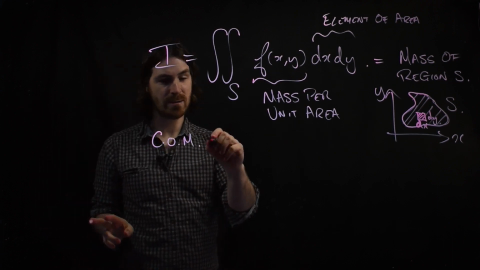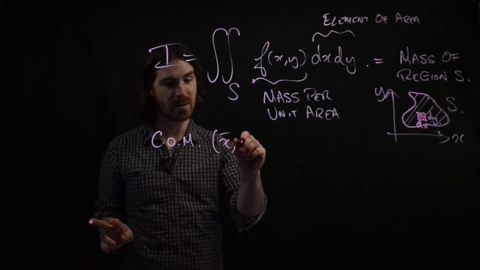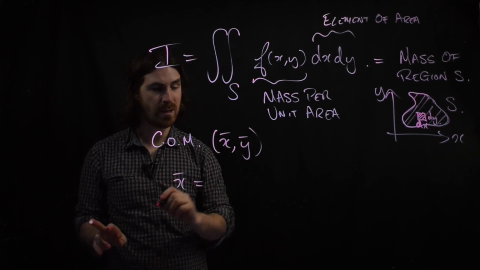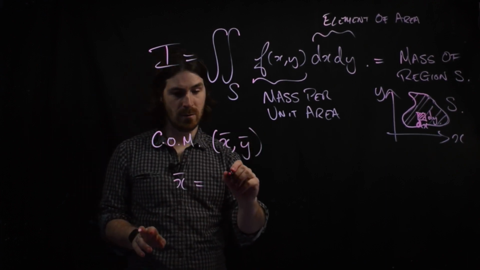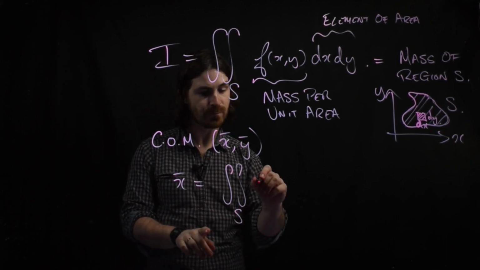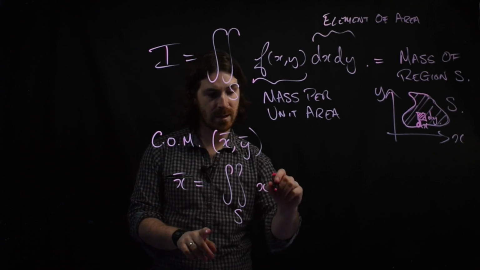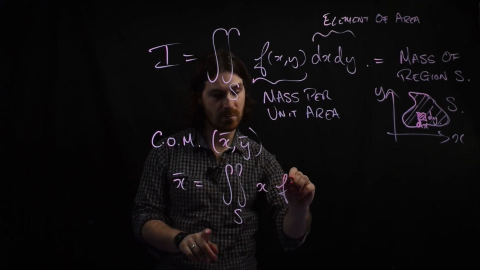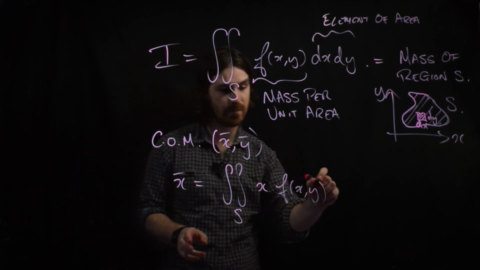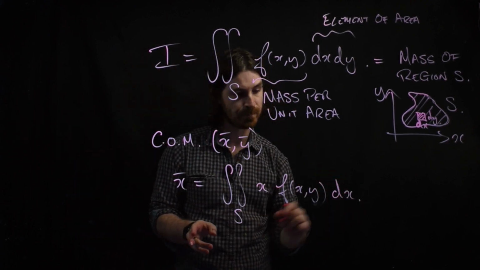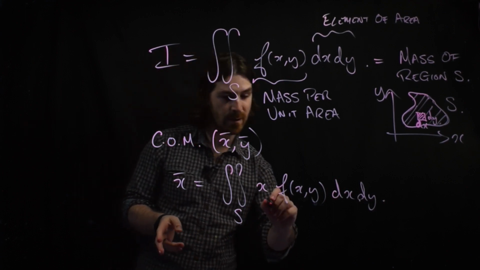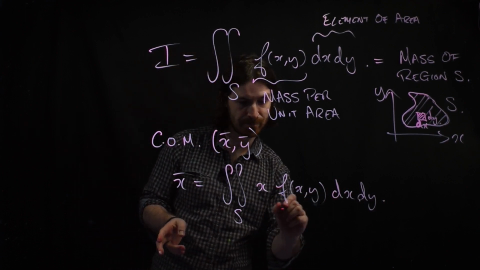So the center of mass is a coordinate x bar, y bar, where x bar is equal to the double integral over the region of x times the function which describes the mass per unit area, dx dy, divided by the total mass.